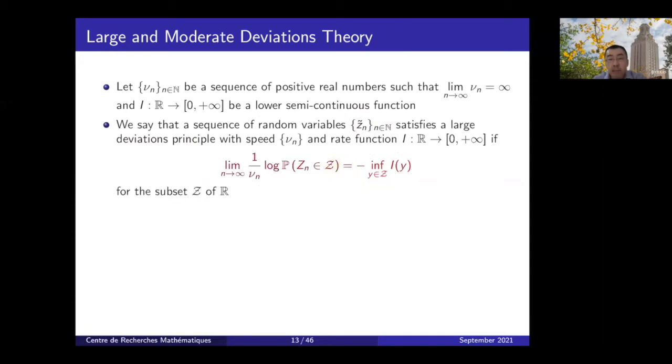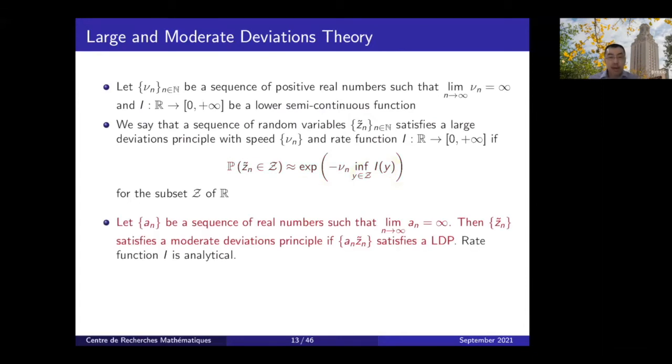In this setting, the limit exists, and after some algebraic manipulations, we have that the failure probability decays exponentially at the rate determined by this infimum. So that's a large deviations principle.